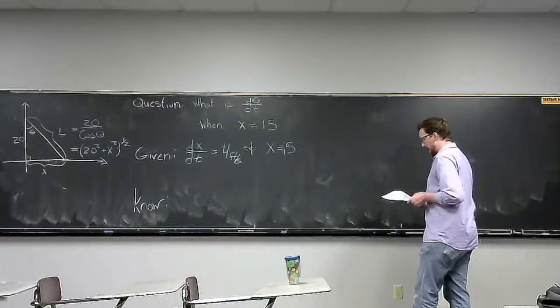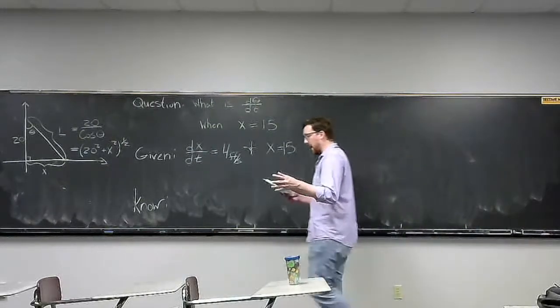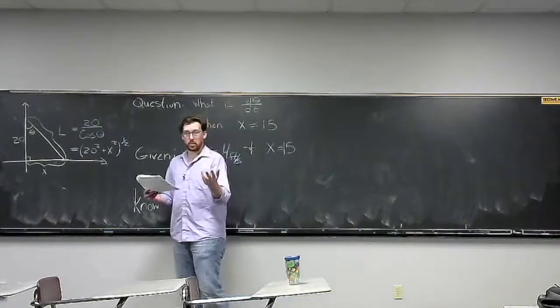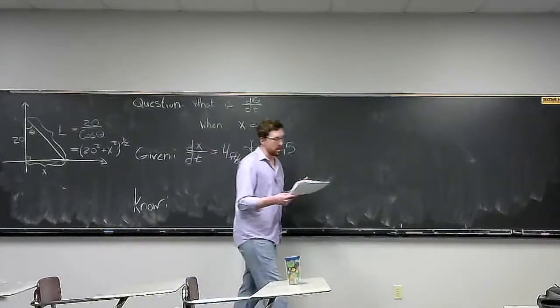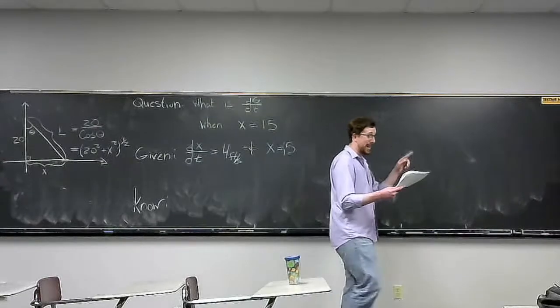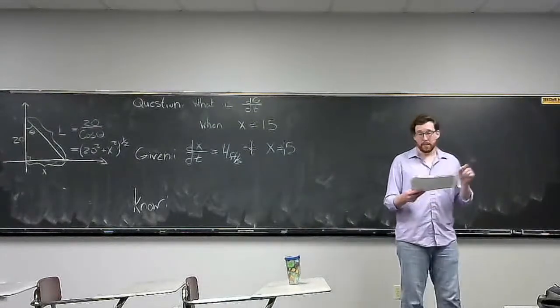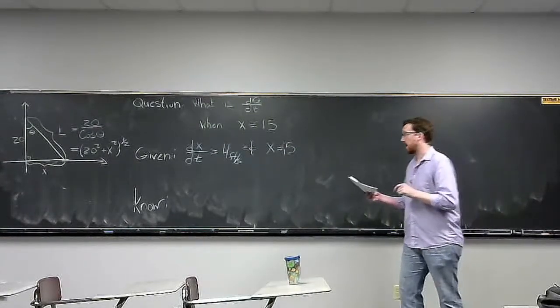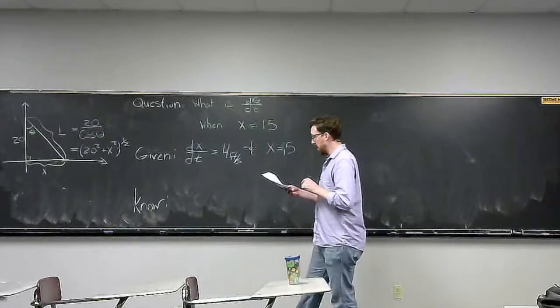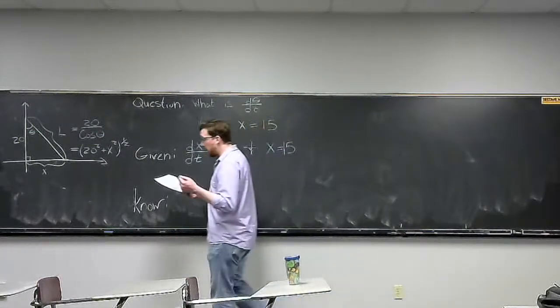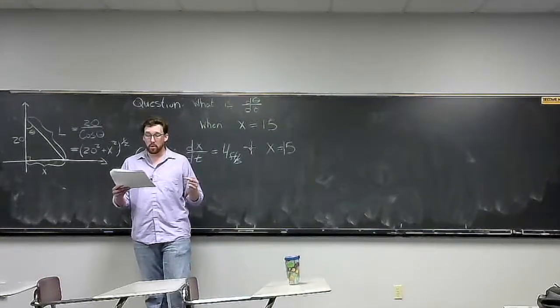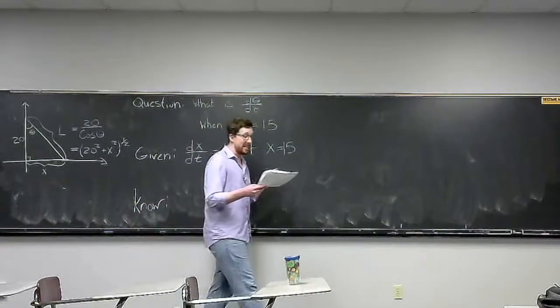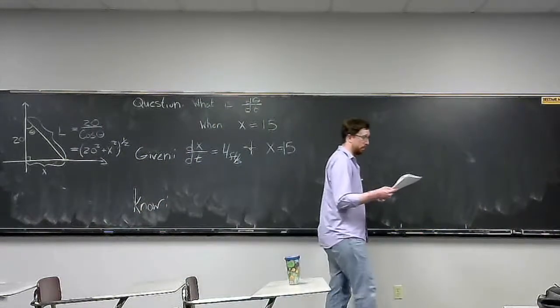So what is this problem asking us? This problem is posed as: a man walks along a straight path at a speed of 4 feet per second. A spotlight is located on the ground 20 feet from the path and is kept focused on the man.